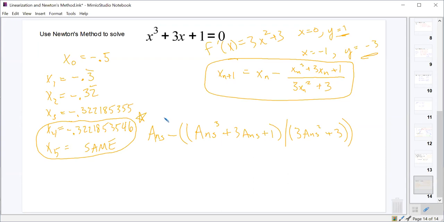And I think it's actually fairly amazing that by picking negative 1/2 as our first guess, within 1, 2, 3, 4 iterations of this, we are accurate to 10 decimal places just by using tangent lines, which is pretty darn good.